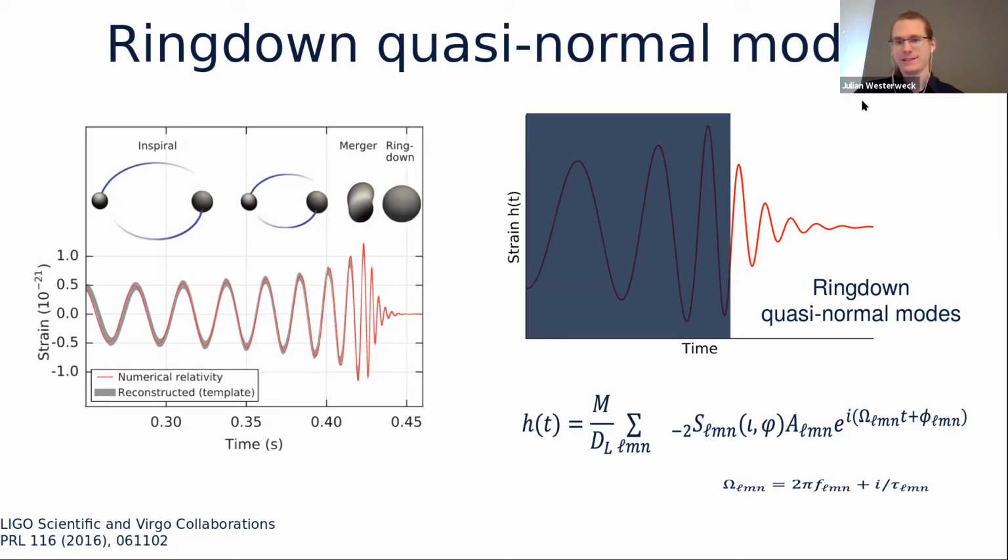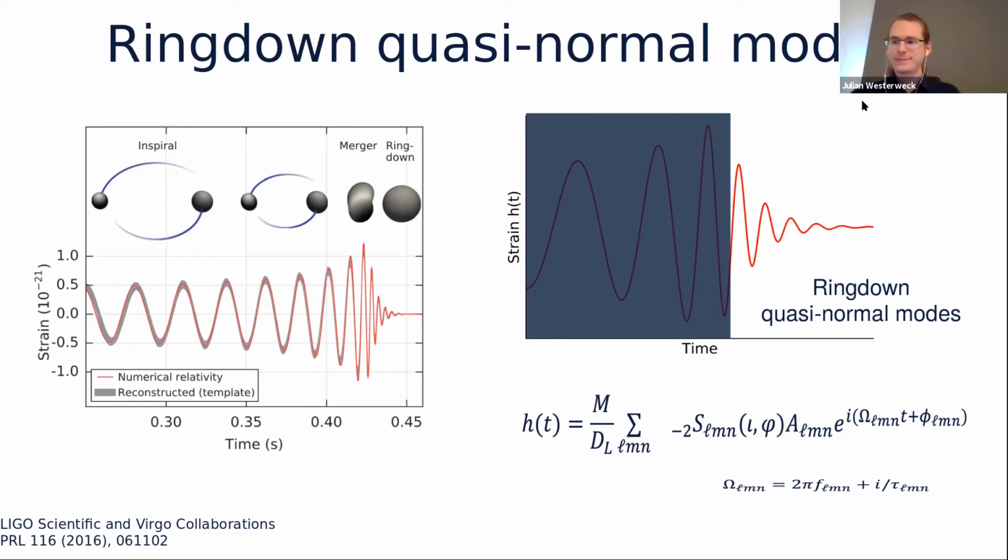And on the right, you see that waveform with the in-spiral and merger part grayed out, and only the ring-down part remaining that we're interested in. And the ring-down consists of quasi-normal modes, a superposition of these modes that are damped sinusoids. And you can see a formula describing these below that plot.